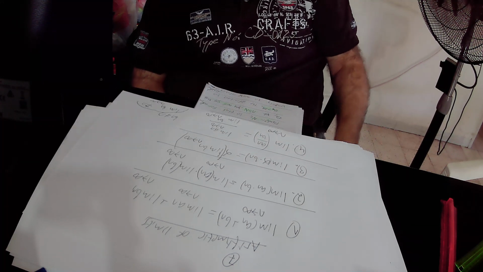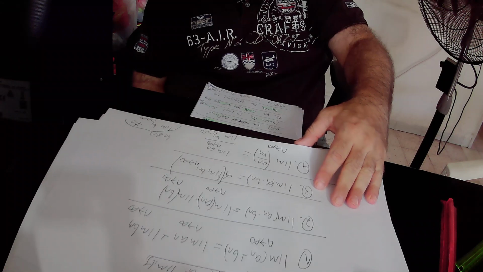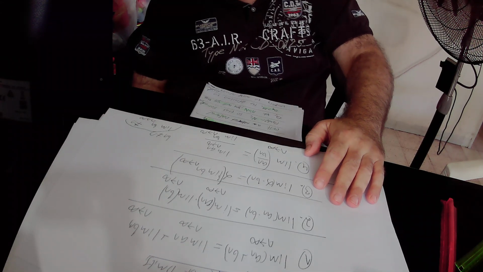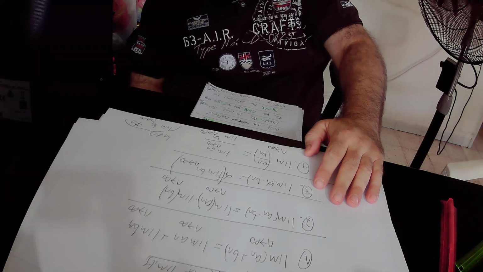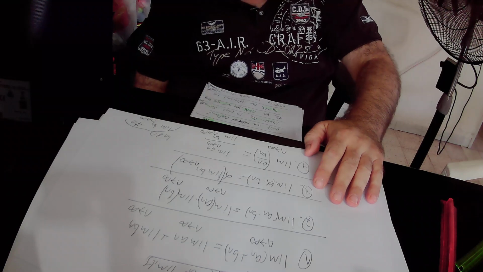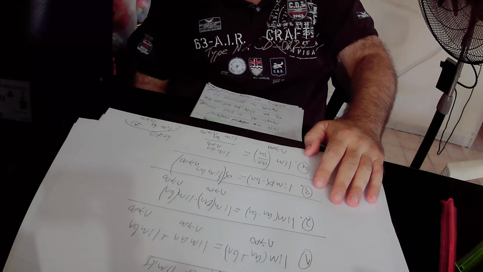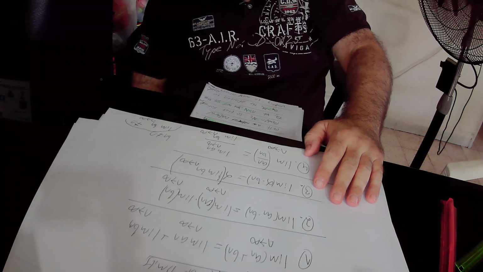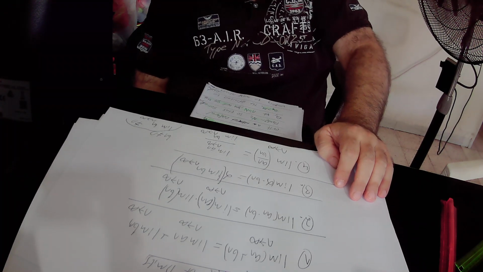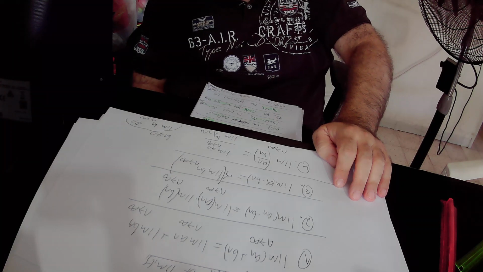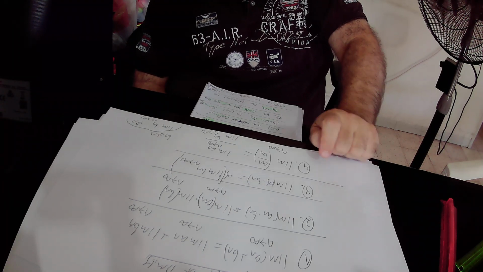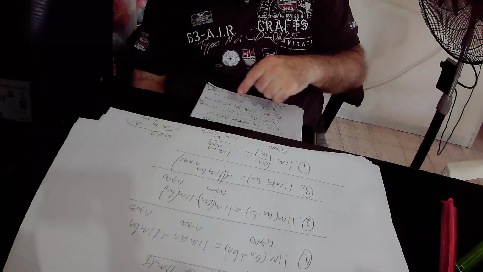And finally, rule number 4 states that lim an over bn when n tends to infinity will be equal to lim an when n tends to infinity over lim bn when n tends to infinity. And in this case, bn must not equal 0 because it is not allowable to divide by 0.